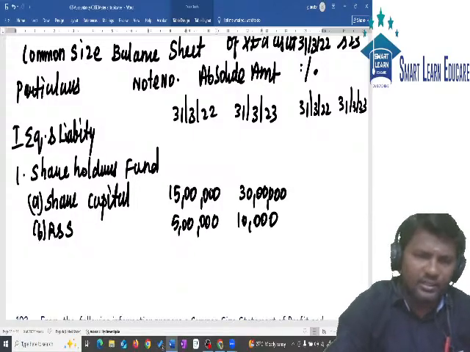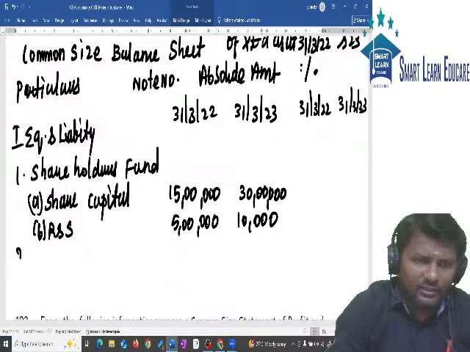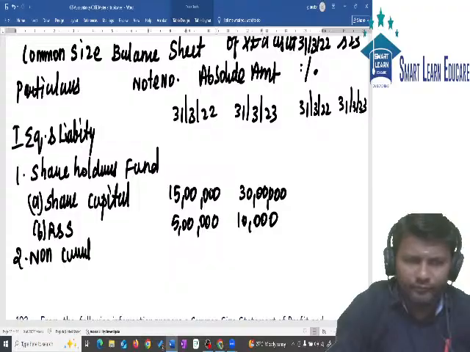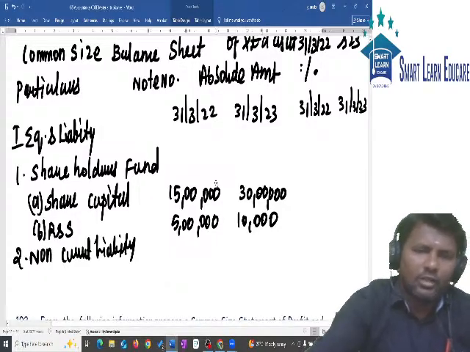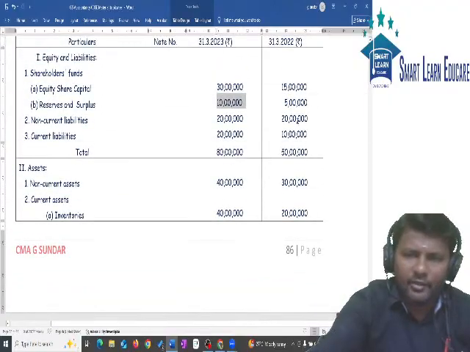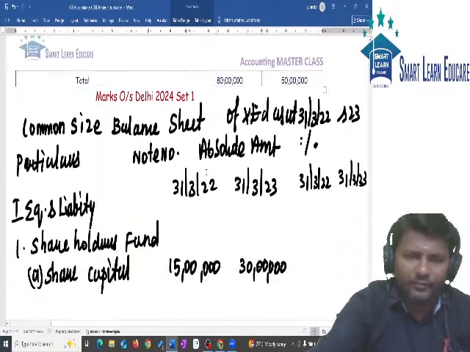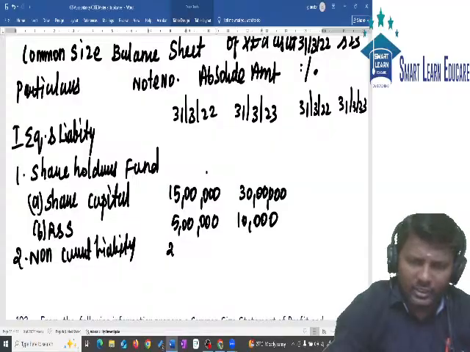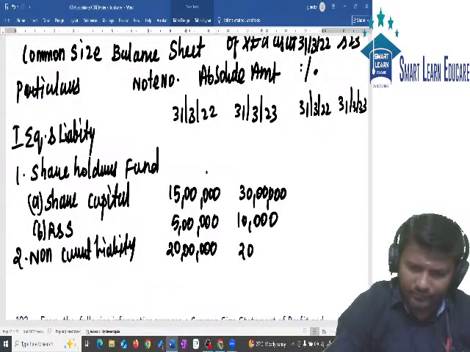Reserves and surplus. Third is non-current liability. What is the amount of non-current liability? 20 lakh and 20 lakh. Both the year 20 lakh and 20 lakh.